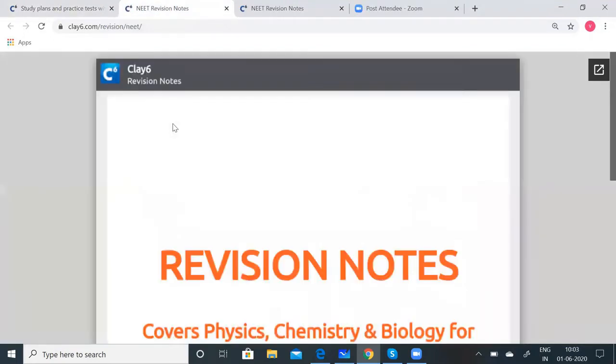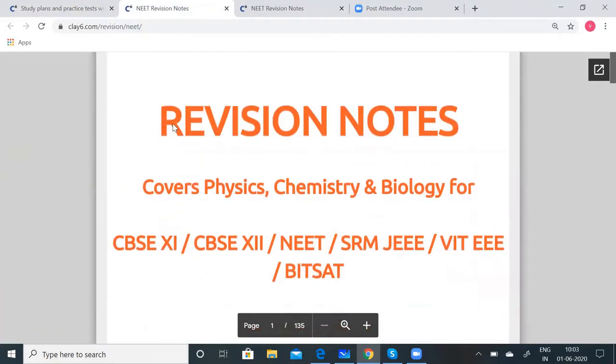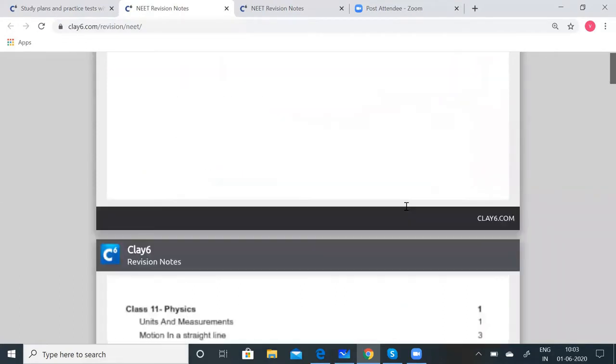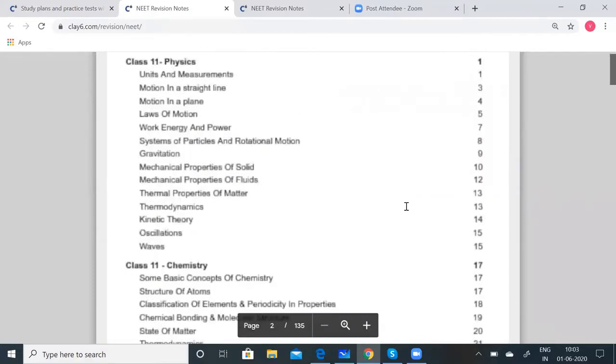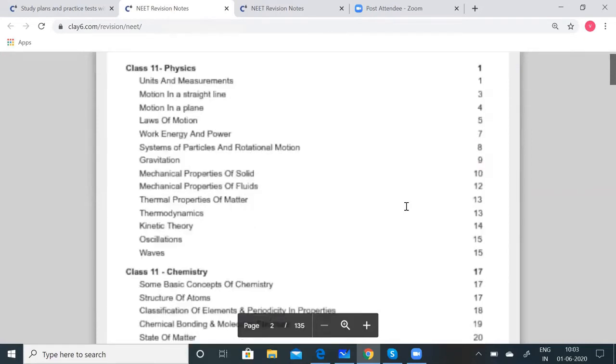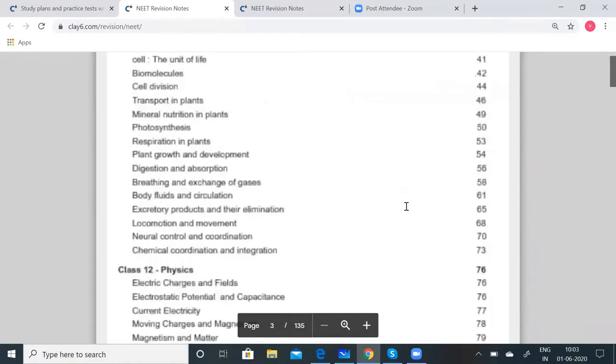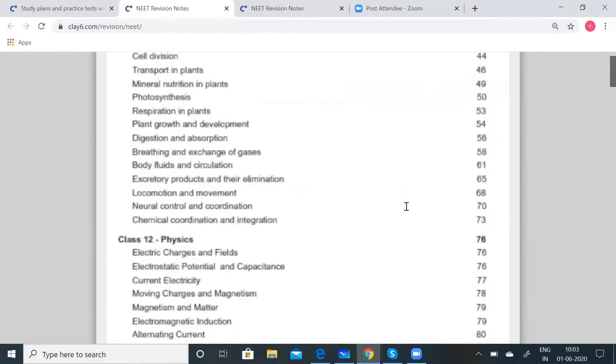Revision notes is basically the concepts and important formulae for all the three subjects, physics, chemistry, and biology, tailor-made for NEET exams. We have essenced everything, chapter-wise, for both grade 11 and grade 12.